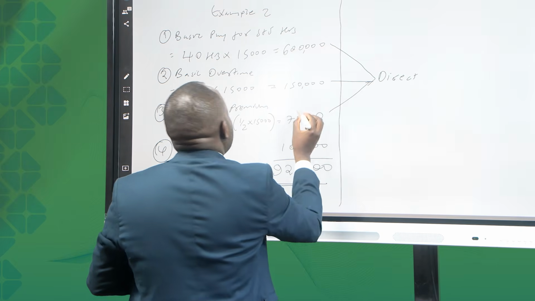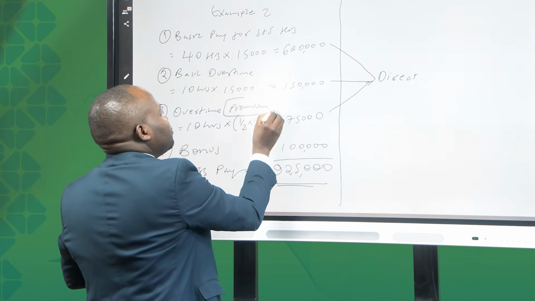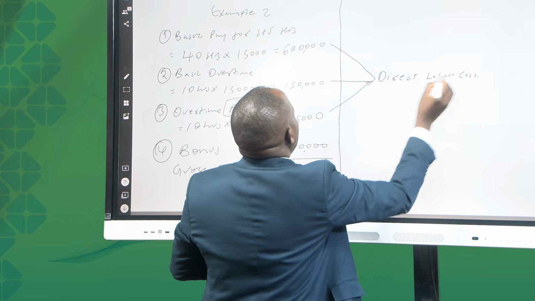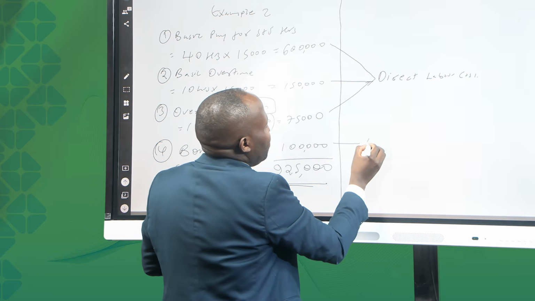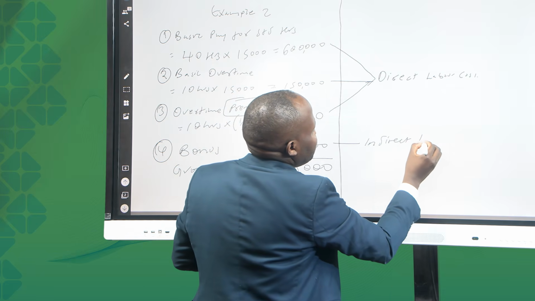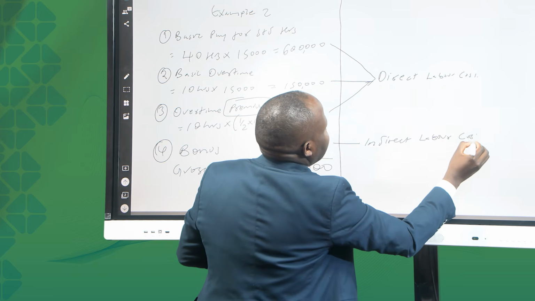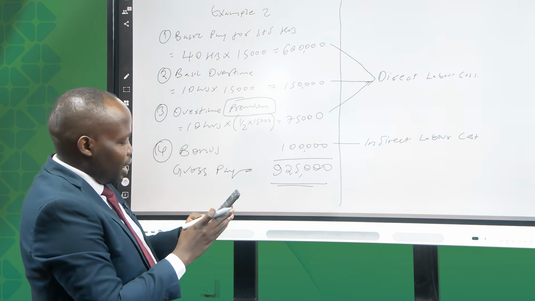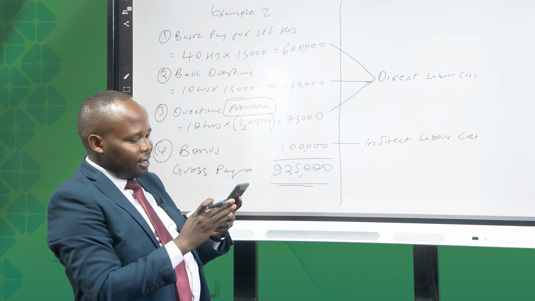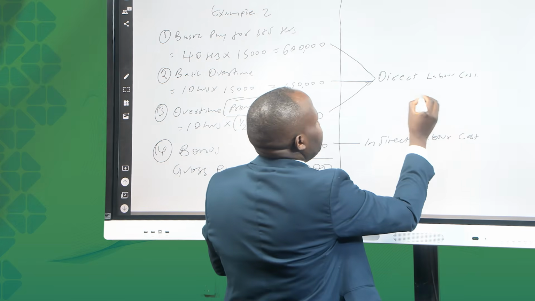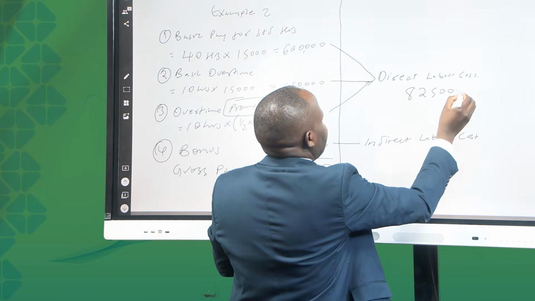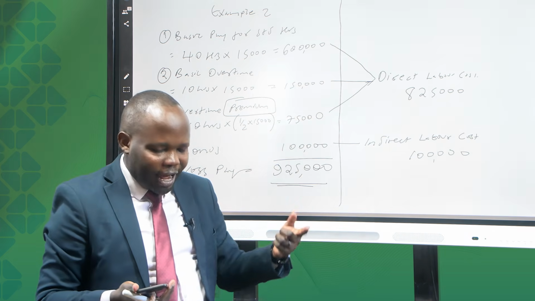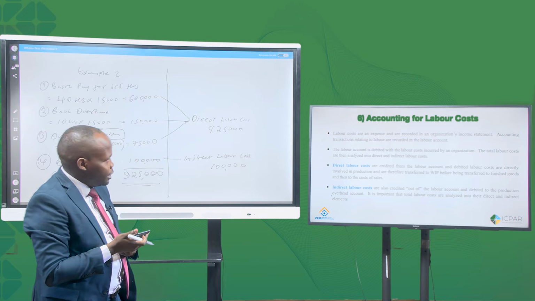So if overtime is worked regularly, the premium becomes direct labor cost, and there will only be one indirect labor cost. So what is our total of direct labor cost? It is 600 plus 150 plus 75, which gives us 825, and the indirect is 100,000. So we have done the analysis into direct and indirect.